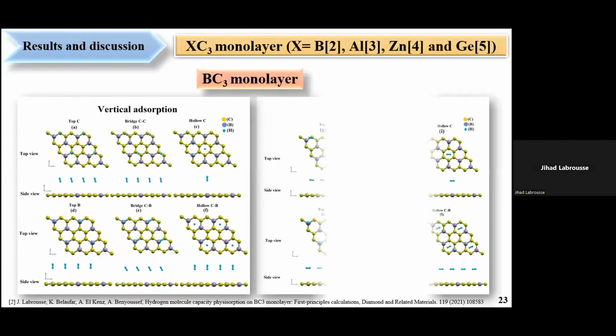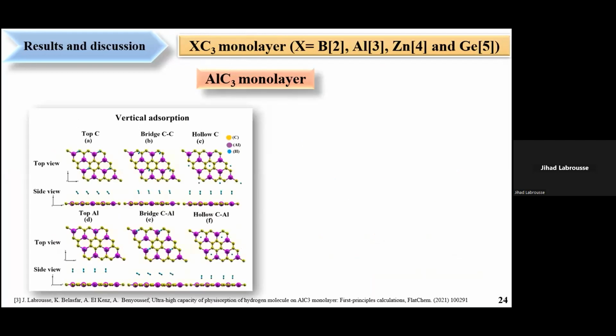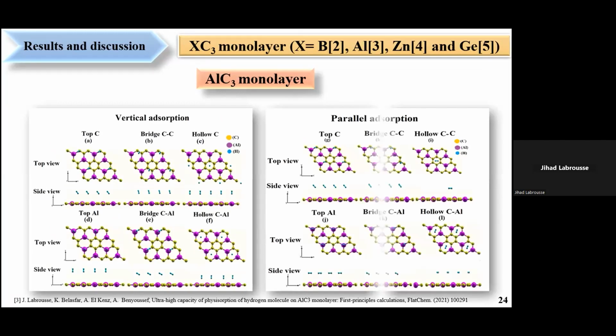In order to know the most stable position and distance, we placed our hydrogen molecule at different positions on the cell: on the top of a carbon atom, on the bridge between two carbon atoms, on the hollow of the carbon hexagon, also on the top of the X atom, on the top between carbon and X atoms, and on the top of the carbon and X hexagon.